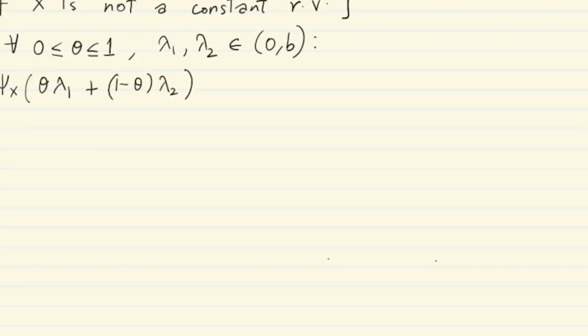We will often find it convenient to write 1 minus theta with the symbol theta bar. So by definition, this is the log moment generating function of x evaluated at theta lambda 1 plus 1 minus theta lambda 2.